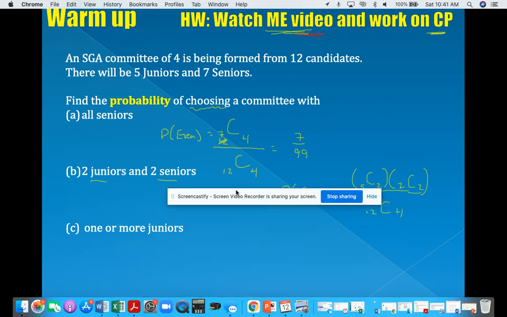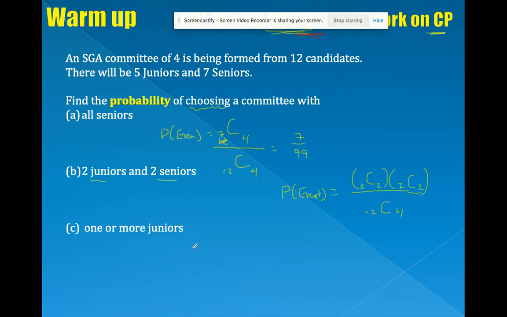But how about the next one? 1 or more juniors. Well, instead of 2 ways, 1 or more juniors, how could that happen? Out of the 5 juniors, I could have only 1, which leaves me with how many seniors out of 7? Choosing 3. So that's an add situation. I also, out of the 5 juniors, could pick 2, just like I did in part B, and out of the 7 seniors, pick 2.